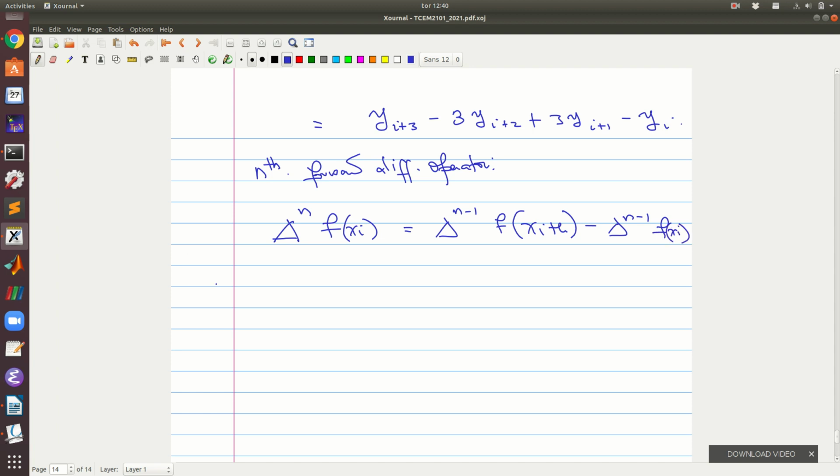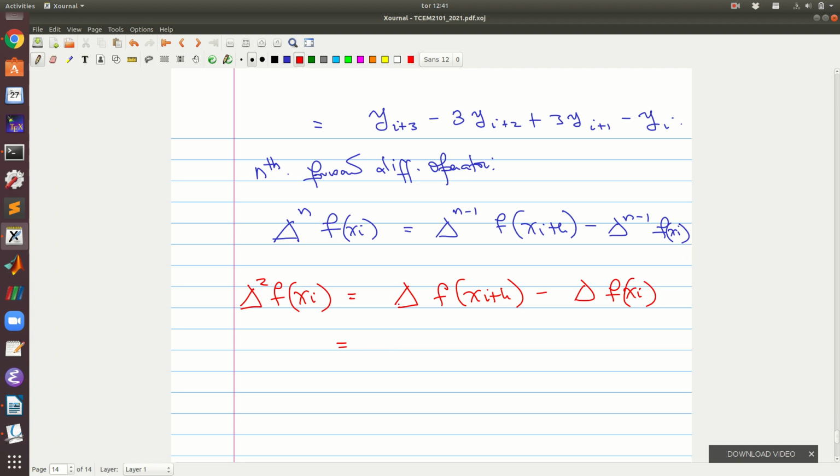Let us try it out for a result we already know, if we are looking at the second. So if we use this formula here, the second here is simply going to be the first at xi plus h minus the first at xi, because this is n minus 1, this is 2 minus 1, which is 1. So this one here is the same, because it is giving us what you already know.